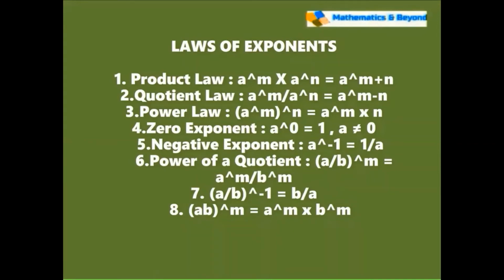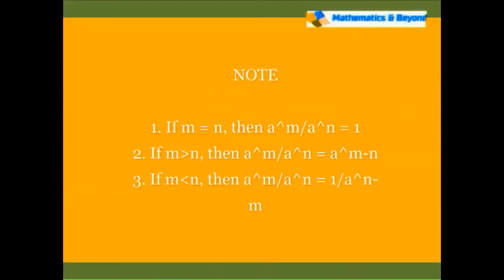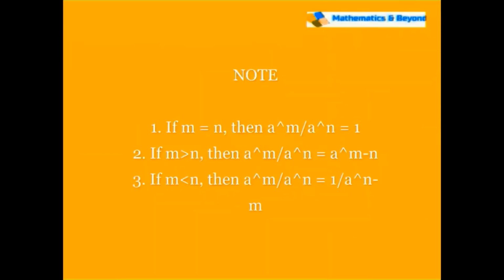Now let's move further with a very important note. You have to keep in mind that for all non-zero rational numbers a and all positive integers m and n: one, if m is equal to n, then a raised to the power m divided by a raised to the power n is equal to 1.